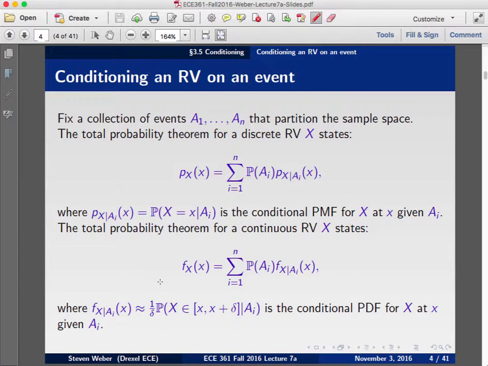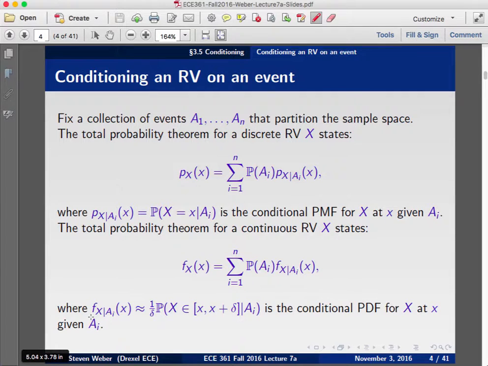The continuous version of the total probability theorem states that given a continuous random variable X with a probability density function little f sub X, the probability density at little x is found by summing over all possible events in the partition A_1 through A_n, and for each such i, we evaluate the conditional probability density function of X given that A_i is true at the target value little x, and weight that probability density function by the probability that A_i is true.